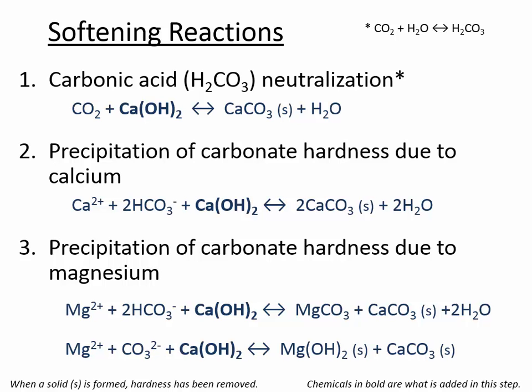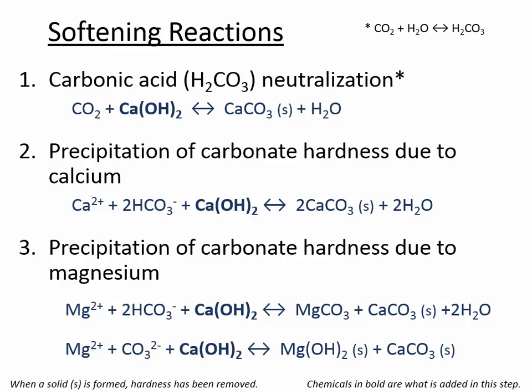Now, you'll notice that we were trying to remove hardness, and what did we add? Calcium hydroxide. And that seems a little bit counterintuitive because calcium itself causes hardness. So to remove the hardness, we're adding a chemical that contributes to hardness. And so at first glance, that seems a little bit contradictory, like you're trying to solve a problem by adding more of the problem.